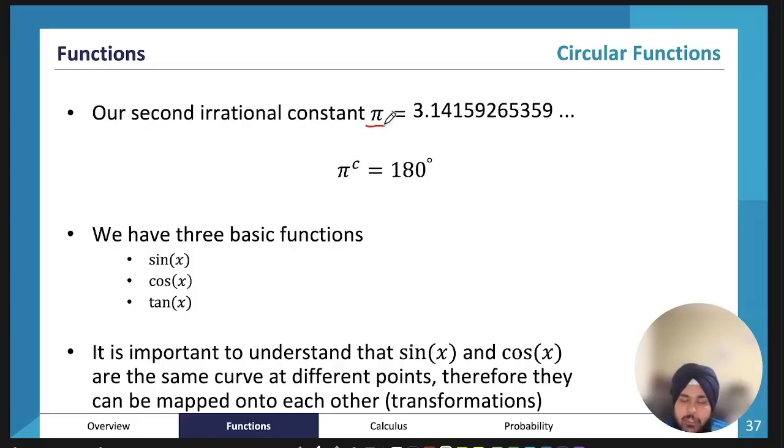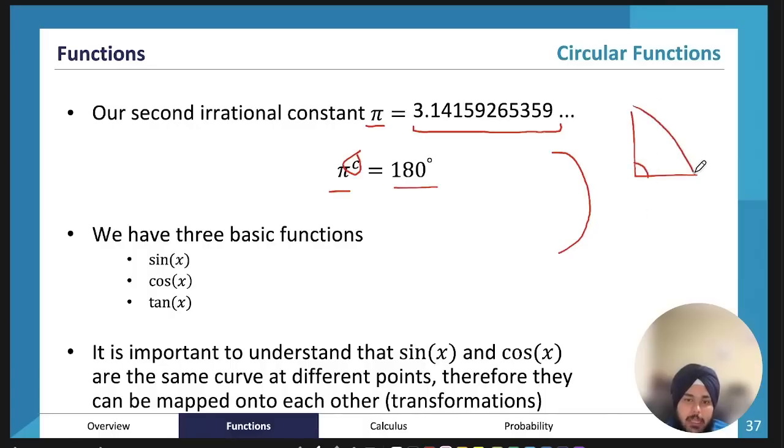Pi is essentially 3.1415, a natural number like e. And pi actually represents 180 degrees, or pi radians. Radians is the unit of measure that we use for circular functions, and radians actually measure, sorry, not the diameter, the arc length of the circle. So instead of measuring the angle between two values, it's going to measure this length over here. And that's why it involves pi.